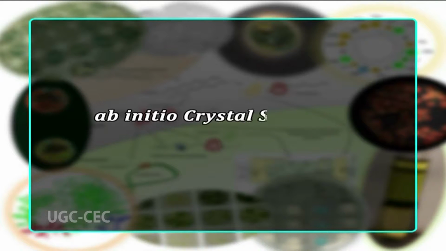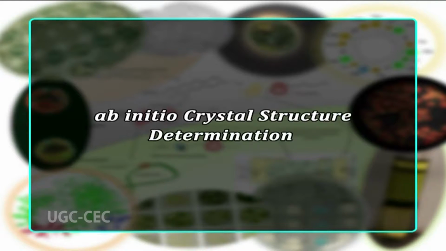XRD analysis can also determine ab initio crystal structure. Most crystal structures are determined using single crystal methods. Improvements in the data quality, algorithms and computer power make it increasingly possible to solve crystal structures using powder diffraction data.